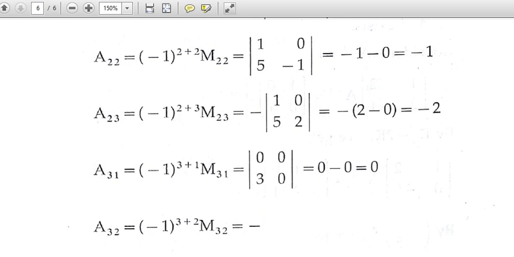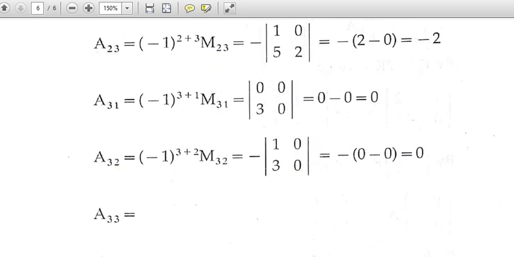So minus of M32. And M32 we will get after deleting third row, second column. After deleting third row, second column, we got 1, 0, 3, 0. And now the expansion of that determinant is 1 into 0 is 0 and 3 into 0 is also 0. So minus of 0 minus 0, the answer is 0.